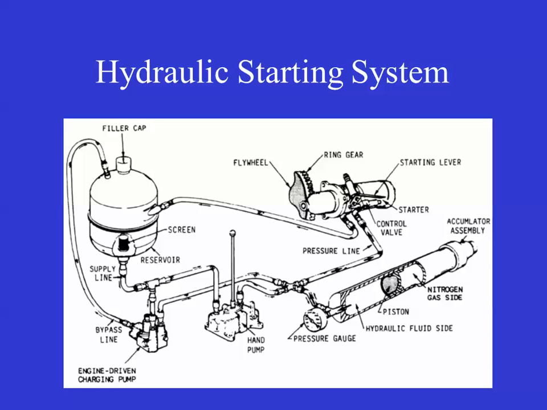Then what happens is when you go to start, a solenoid is opened and that fluid goes into a hydraulic starter motor. Now they still have the Bendix, the same idea that you have a gear that's going to come out and mesh with your flywheel. It's just instead of an electric motor turning it, now you're moving to hydraulics.